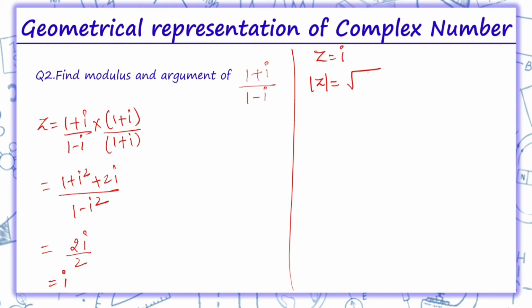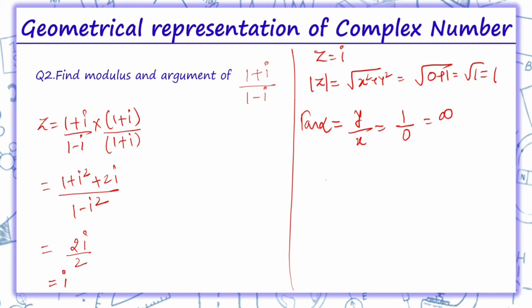Modulus of z will be the square root of x square plus y square. X is 0, so 0 plus 1, square root of 1, which is 1. Tan alpha is y by x. Y is 1, 1 by 0, that is infinite. So we know tan alpha is equal to infinity, whose value is tan pi by 2.